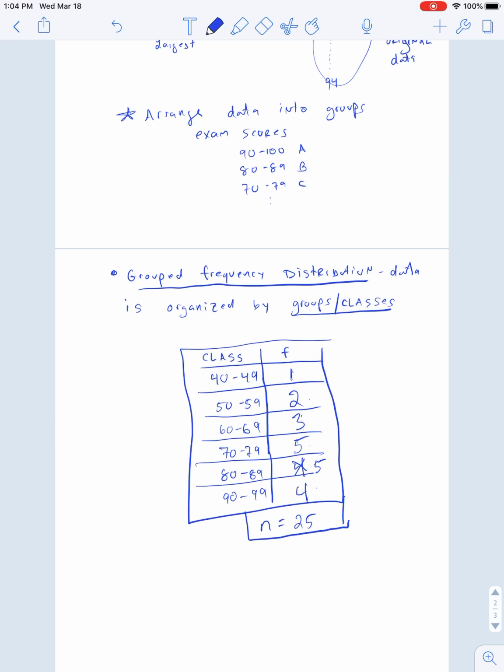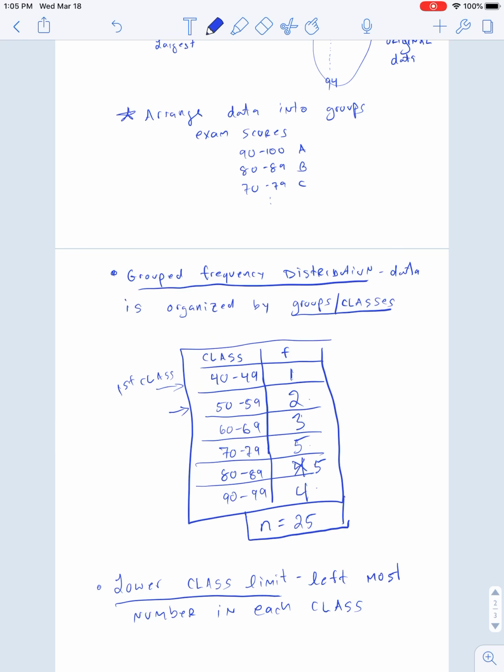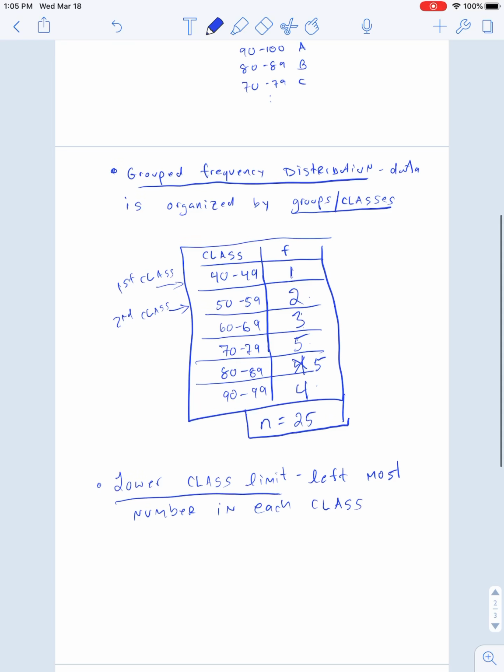Some other important terms: the lower class limit. The lower class limit is the leftmost number in each class. Also, this is the first class, second class, and so forth.